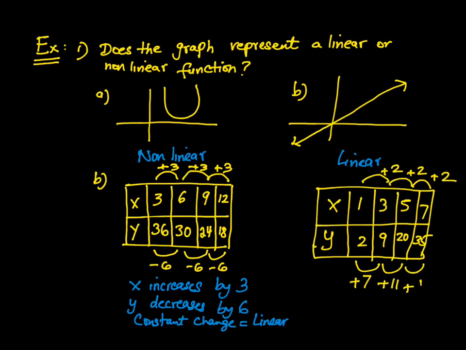So that's not the same. So the rate of change is not the same. So that's going to be called a non-linear function. Its rate of change is not constant, so it's not a linear function.